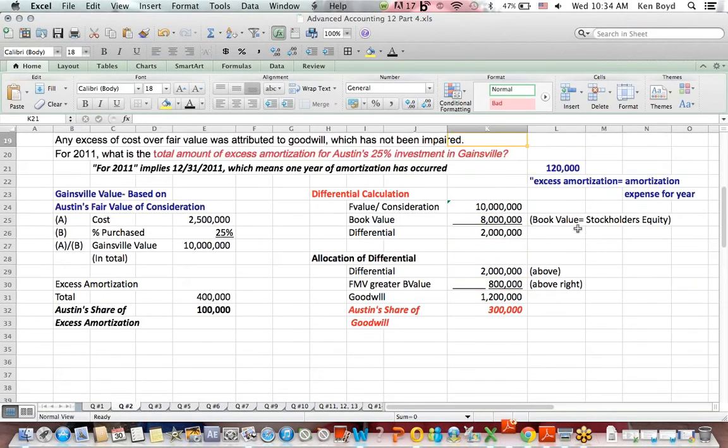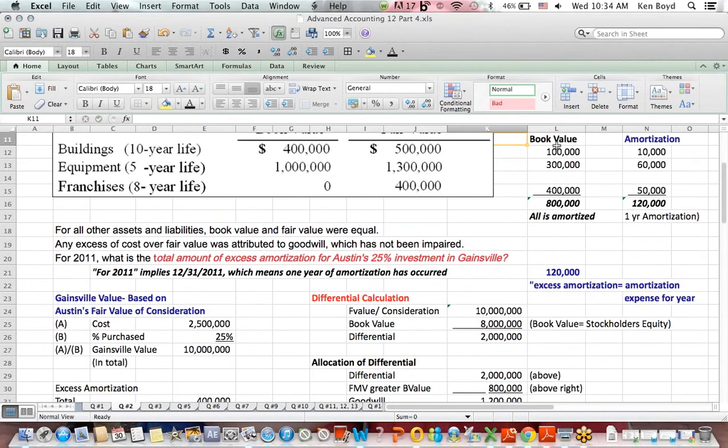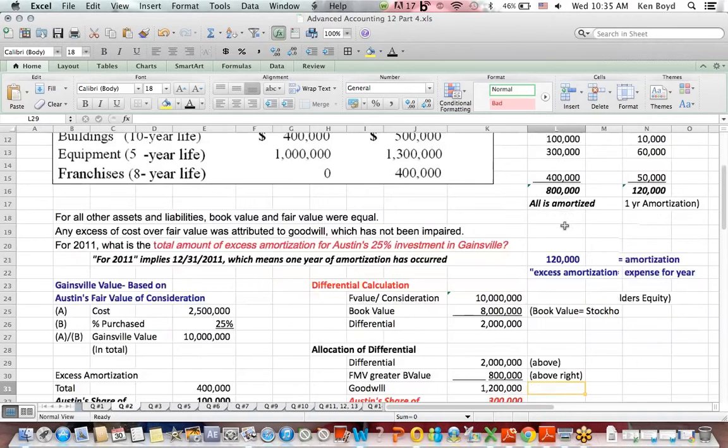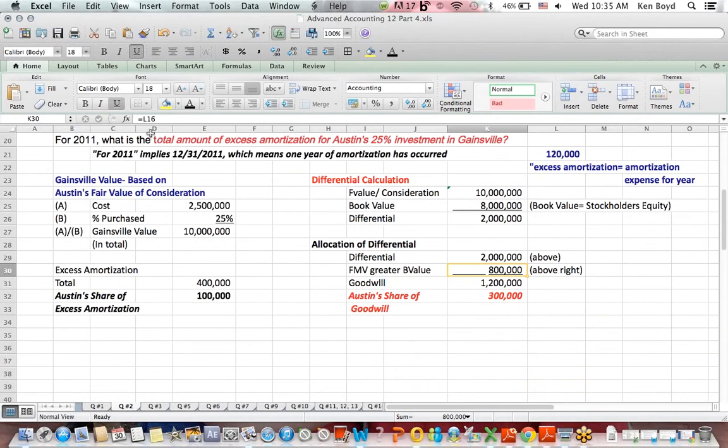Well, the fair market value of the assets in excess of book value, we find out, is $800,000. That accounts for $800,000 of the differential. That means the remaining differential is assigned to goodwill, $1.2 million.